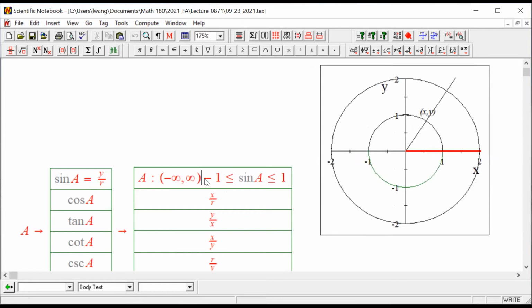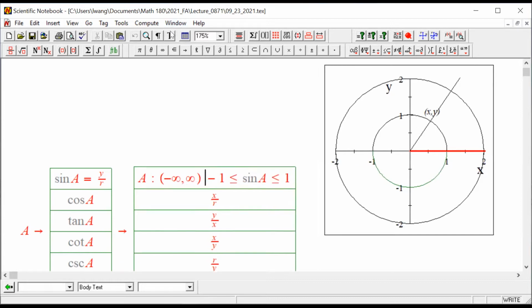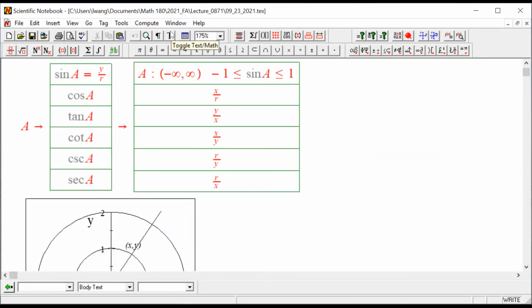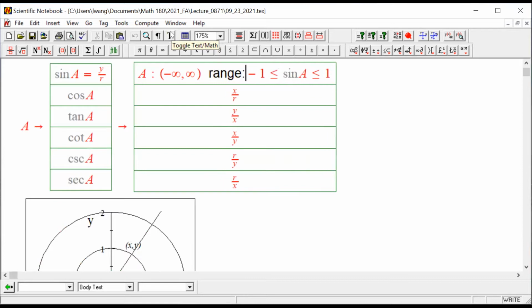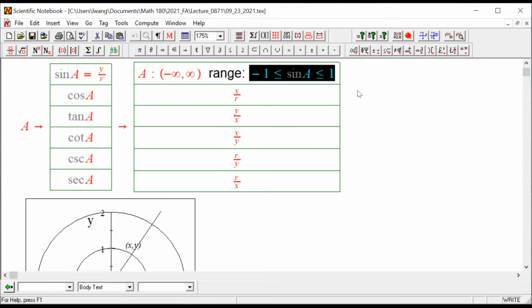That's the range expression. You must understand it, because you are going to use it in calculus class. It could easily earn you 10 more points or more. You guys follow me?